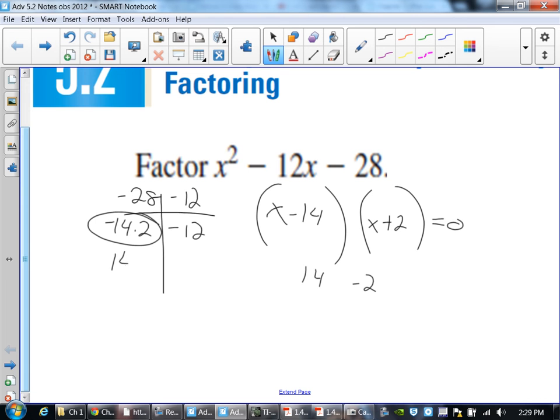If you have positive 14 and a negative 2, you get positive 12. So you mess with the signs to see which one's going to give you the right middle term. That's all you're doing.